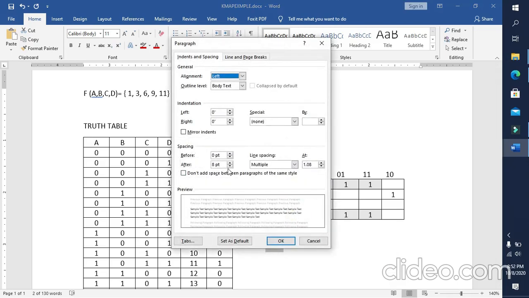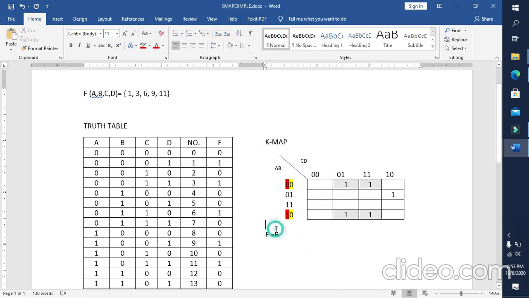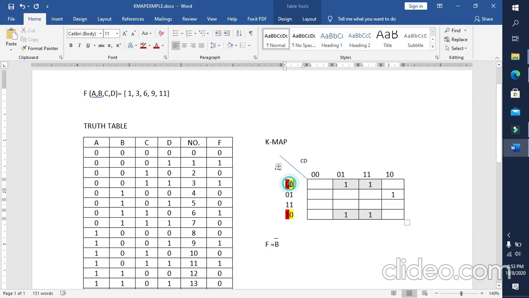Then I will have here the line. Okay. So that is B bar. Nganong B bar man siya, it is because second siya nga variable which is for B. Bakit bar? It is because 0 ang value niya. Okay, next.